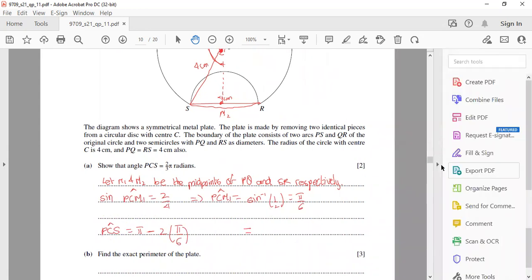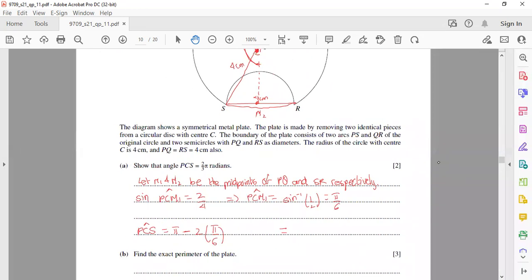And finally, the answer should be 2/3 pi radians. Okay, so you get 2 marks for doing this, 1 mark for finding the sine of PCM1, and then 1 mark for finding the correct answer.